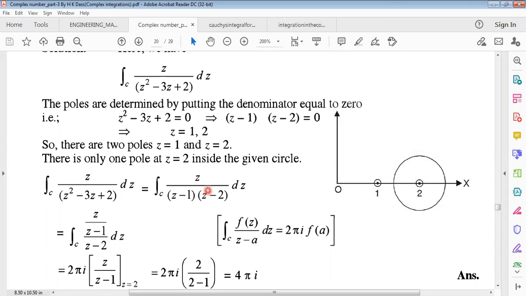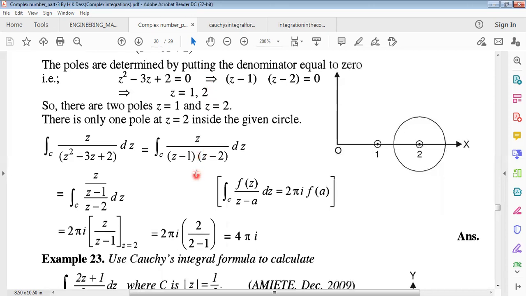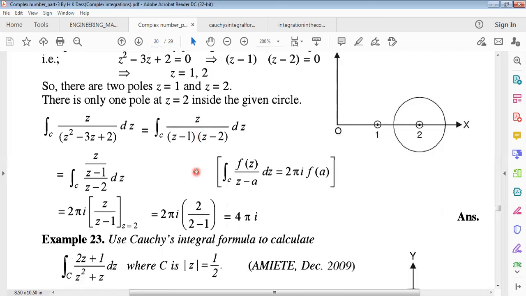This can be written as twice pi i after putting the value z equals 2, divided by 2 minus 1. Then what will be the result? 4 pi i. Are you watching, everybody? 4 pi i. This is the result.